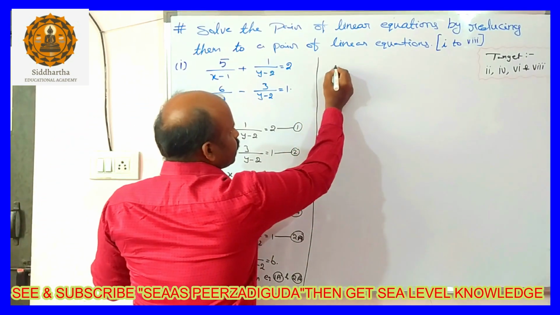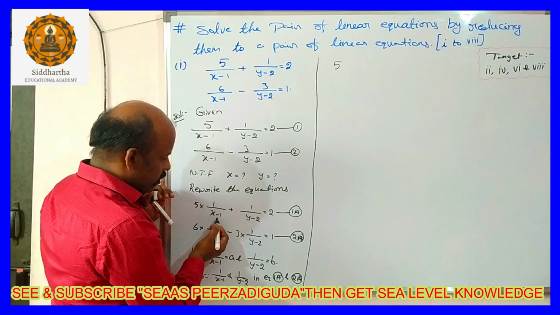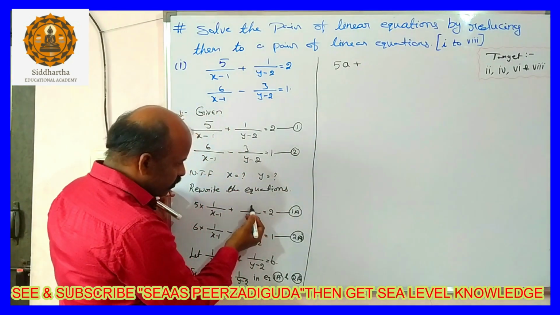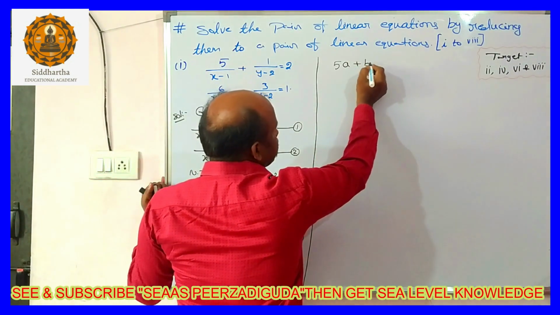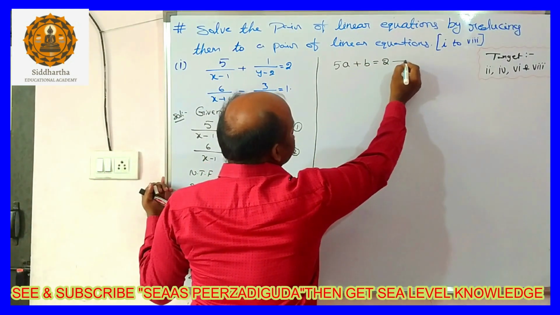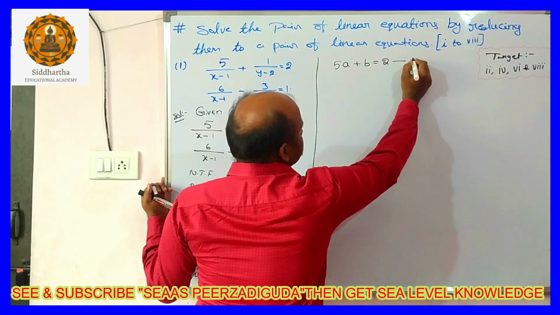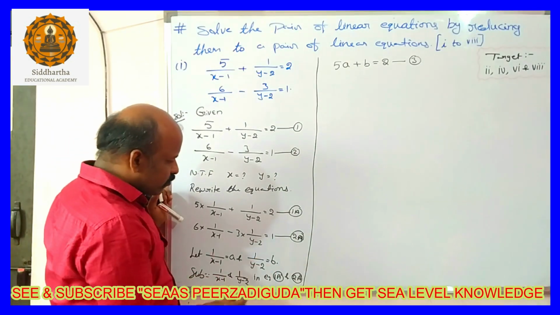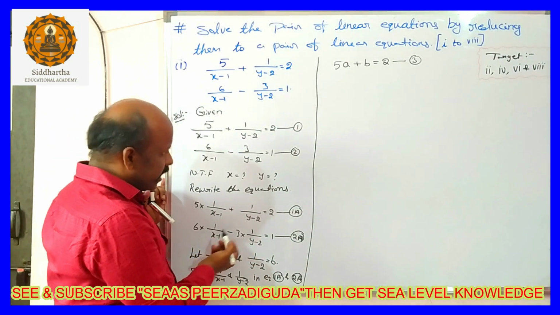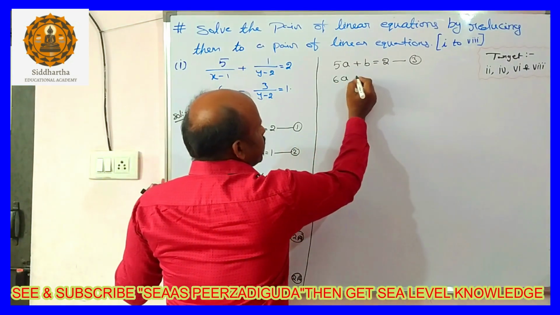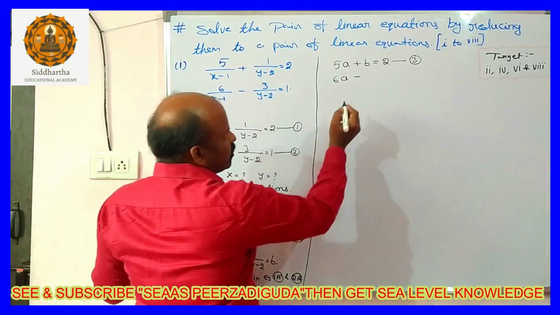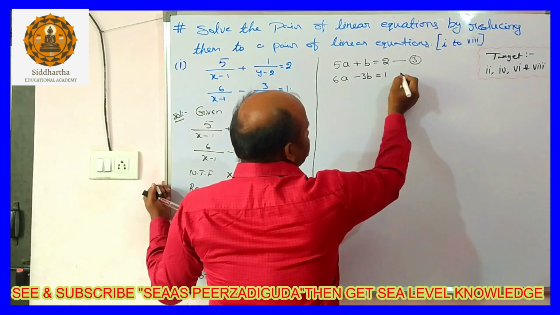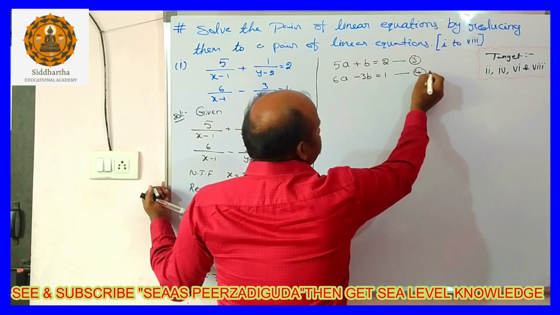So 5 into a, since 1 by x minus 1 means a, plus b, since 1 by y minus 2 means b, is equal to 2. This I take as equation number 3. Next, equation 2a: 6 into a, 6a, minus 3 into b, 3b, is equal to 1. This is equation number 4.